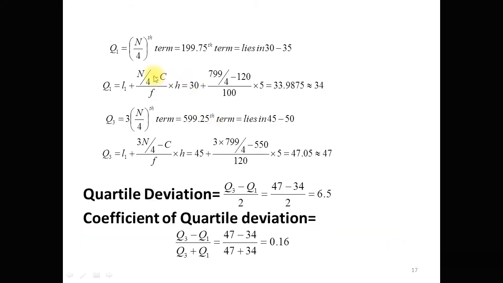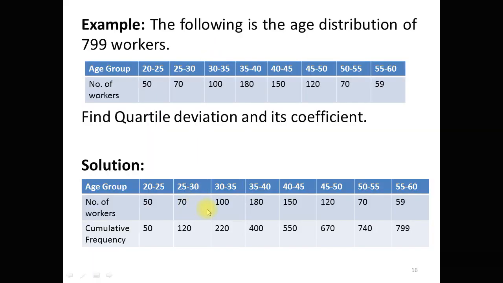So 799 divided by 4 we obtain 199.75 terms. So the position of the first quartile is 199.75, and this position lies in this range.